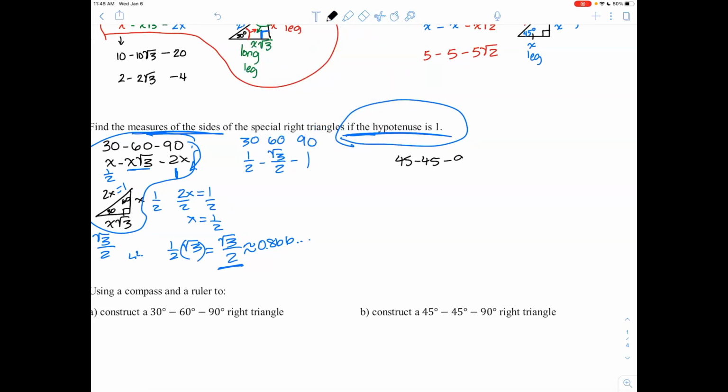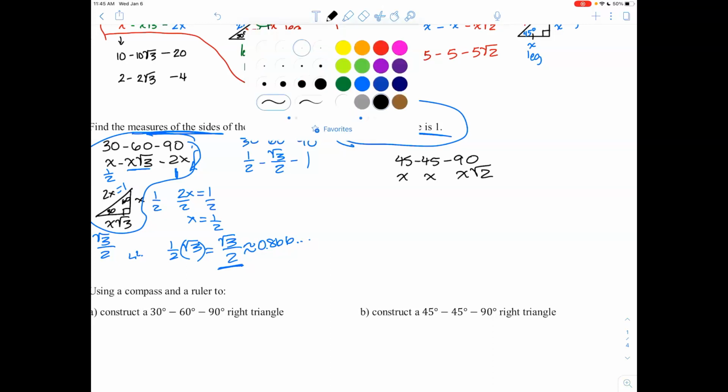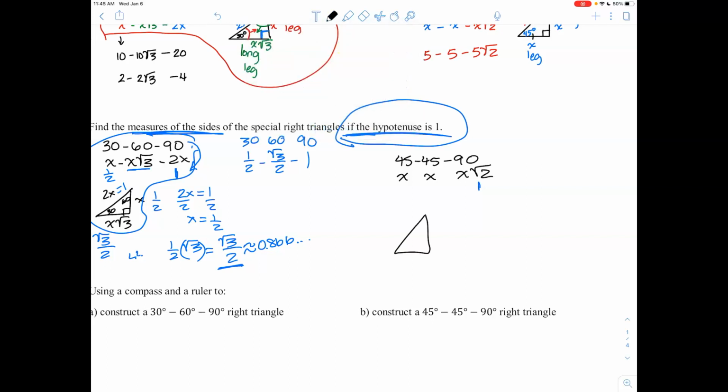So on the 45, 45, 90, we have the measures x, x, x square root of 2. That's the relationship of the sides. And in this case, we know that the hypotenuse is 1. All right, so I'm going to just quickly draw a right triangle here that's about a 45, 45, 90. We'll give it a go.